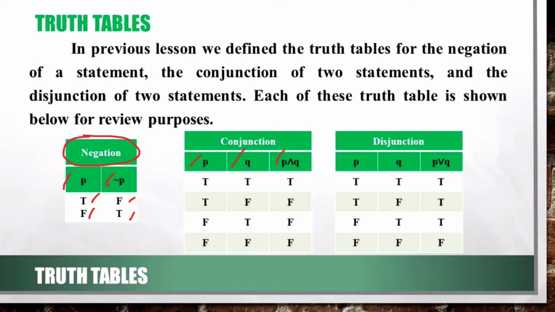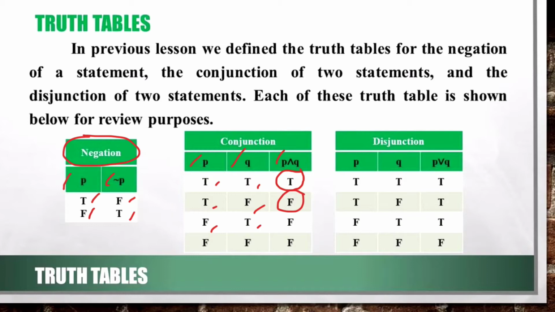So, true and true, the truth value is true. While if we combine true and false, the statement is false. False and true, the statement is false. False and false, the statement is false.